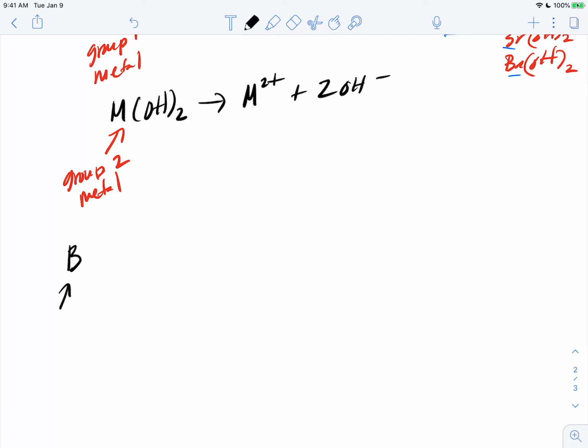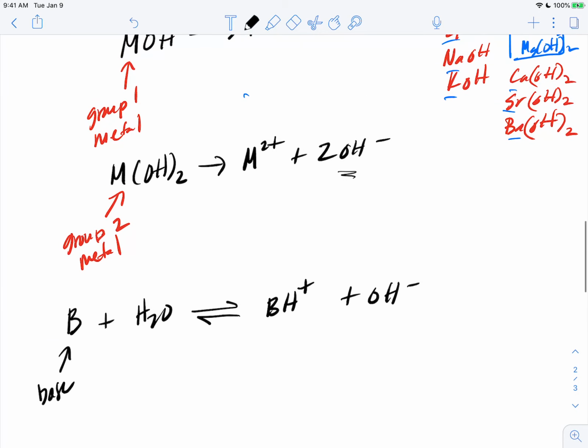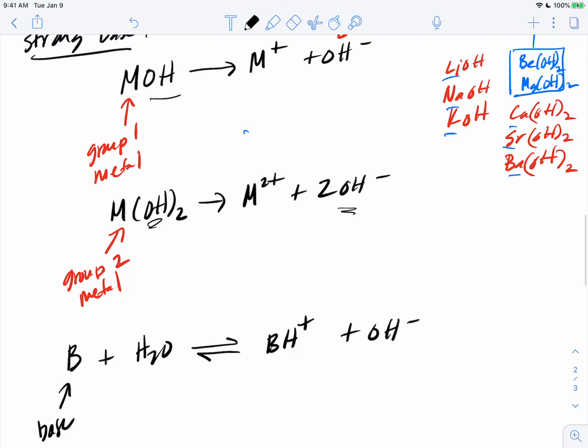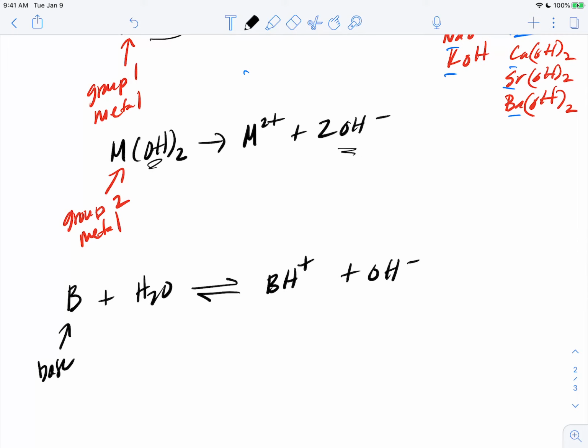And this is a weak base plus water. So this is where hydroxide is actually not being put into solution, but we still have a hydrogen being accepted by the base, and in doing so, an OH is still put into the solution, but it's not donated by the base, which is true here, where we actually have a metal donating the hydroxide. Here we actually are taking a hydrogen off of water, leaving a hydroxide remaining.